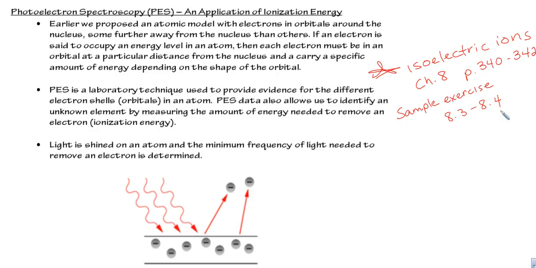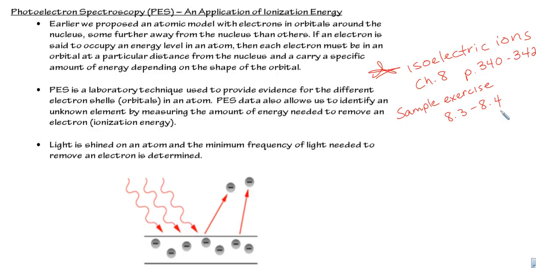This PES, Photoelectron Spectroscopy, you're not going to find in the textbook. But actually, this is some good stuff. This makes sense. Here's the point of it. It's a lab technique, which is why the AP test wants to kind of look toward this. They're looking for data that supports atomic structure. Why do we think that there are orbitals? And why do we think that certain electrons have greater ionization energy than others?